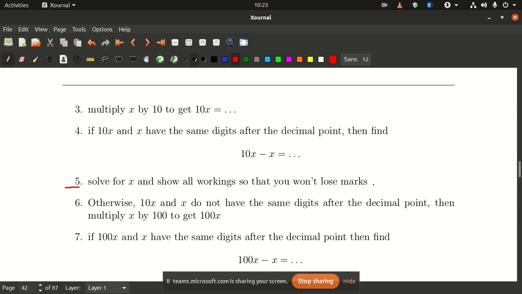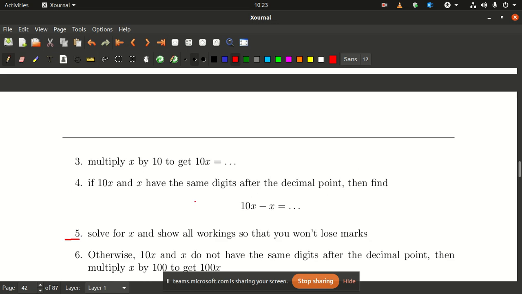Otherwise, if 10x and x do not have the same digits after the decimal point, then multiply x by 100 to get 100x. What we are actually doing here, I want you to notice. I have an x, with this decimal point here.